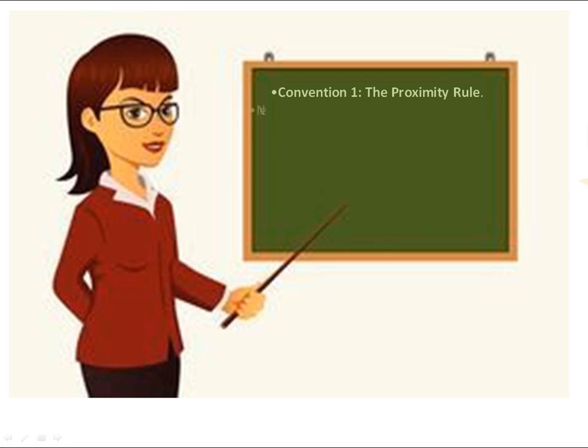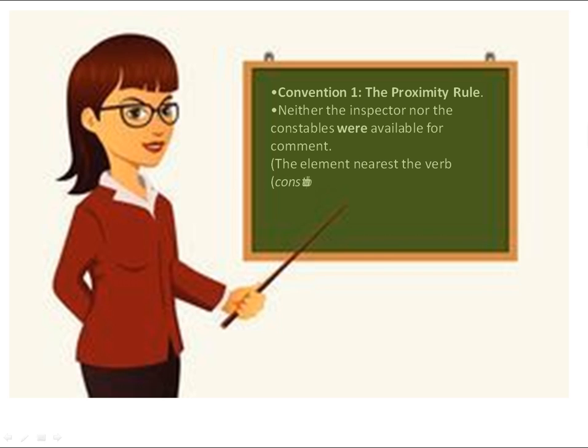Let's see how. So neither the inspector nor the constables were available for comment. Here, of your inspector and constables, the element which was near to the verb was constables, so we used the plural verb.